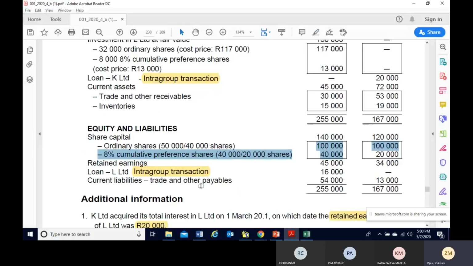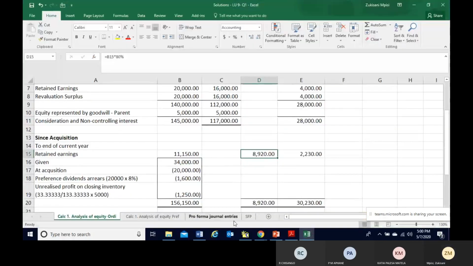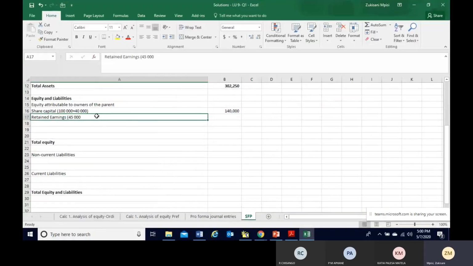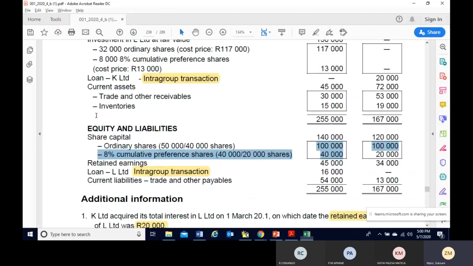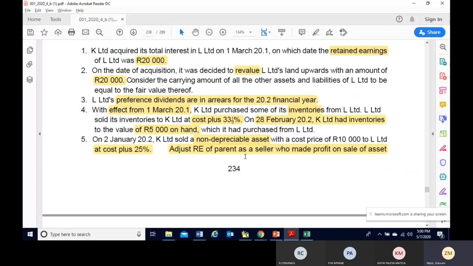So we're adding 8,920. And we're also adding 640. Right, then on information number C5, we are told we sold a non-depreciable asset. Remember, I told you we have to adjust the retained earnings of the parent as a seller.